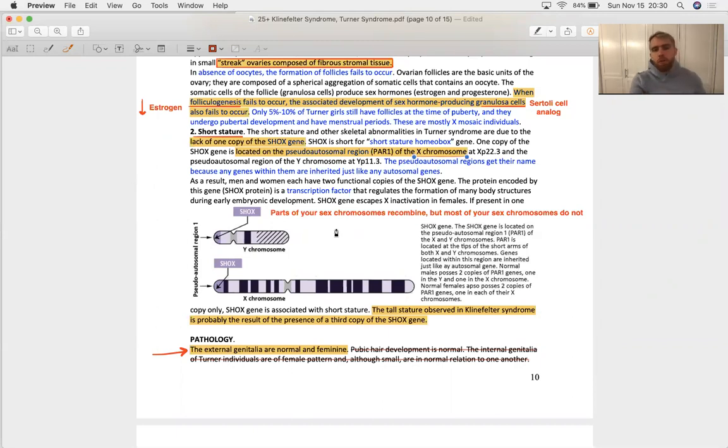And see, the majority of your sex chromosomes, you do not want them recombining. Why not? Well, because there are particular genes that confer a selective advantage to men that are on the Y chromosome, that if they went over to the X chromosome, they would actually be deleterious in females. And vice versa.